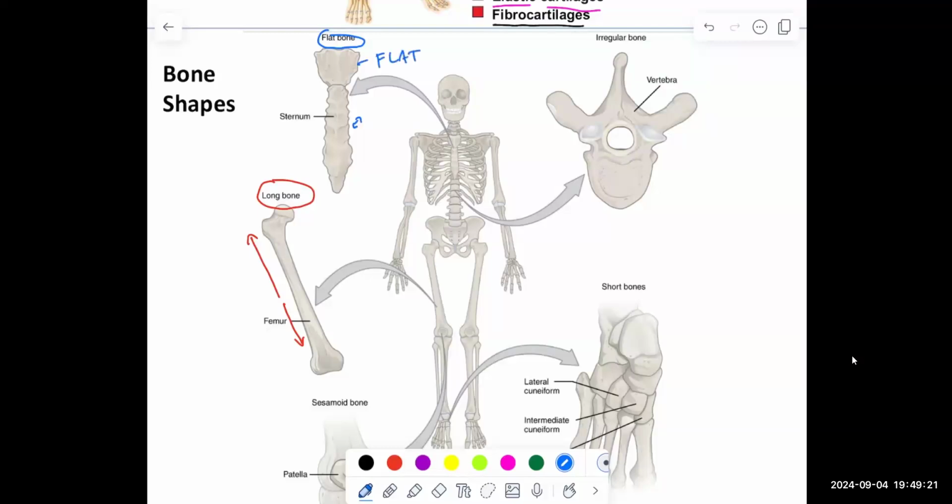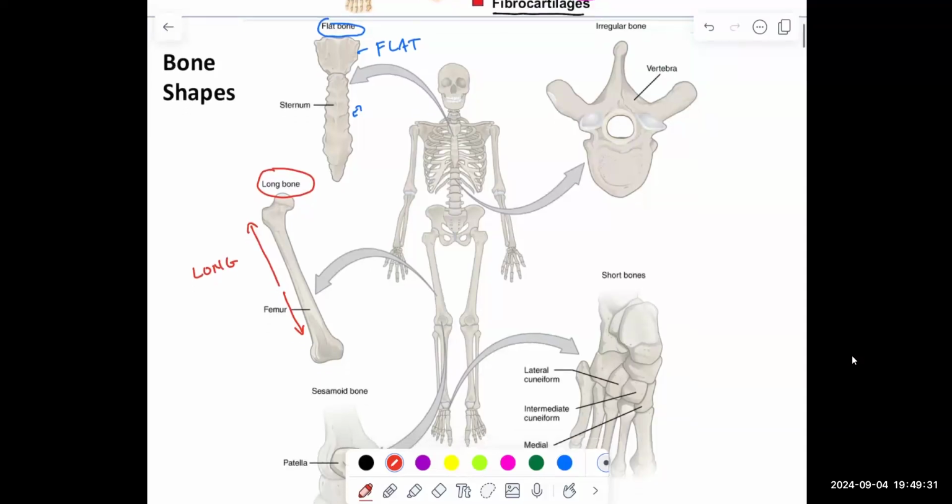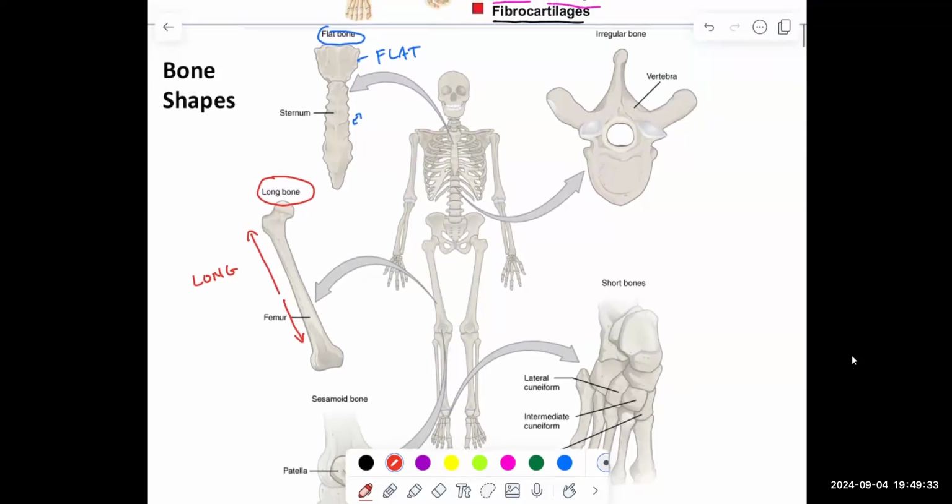The sternum is a great example of a flat bone. Your femur is a great example of a long bone, based on the direction they grow in. So this one grows wide, which classifies it as flat.